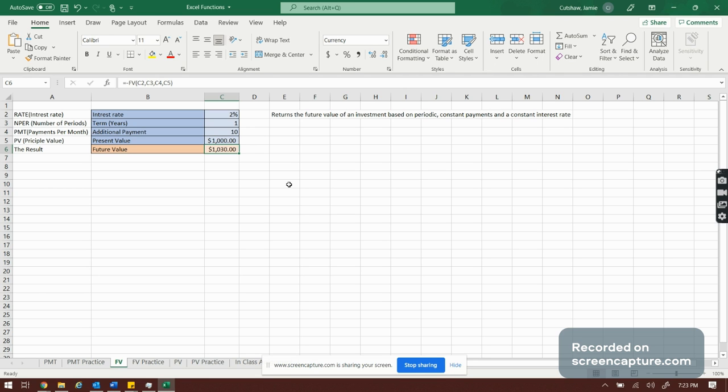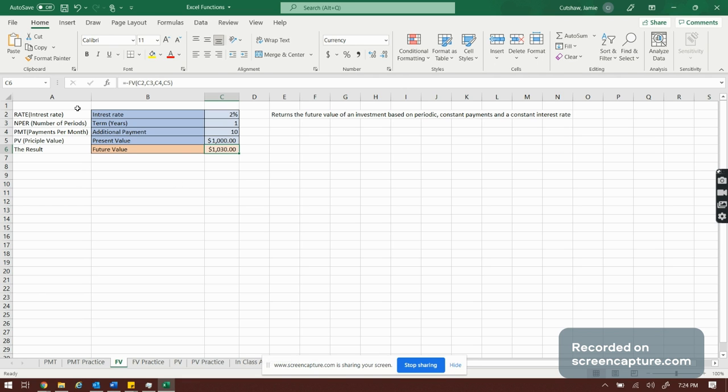In real life, this would be like having a savings account. You put in an initial amount of money, and then maybe each month you're putting in $10, or some additional payment. That's what future value is used for. It's used for finding things with compound interest, or with a constant interest rate.